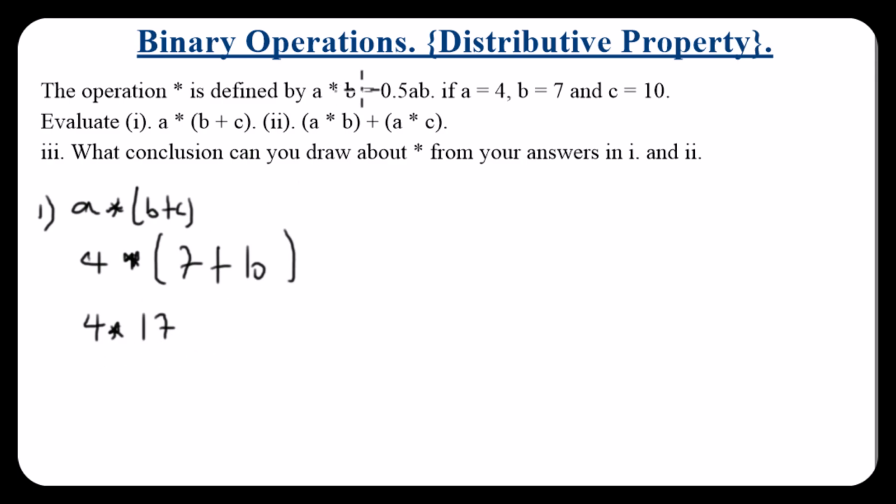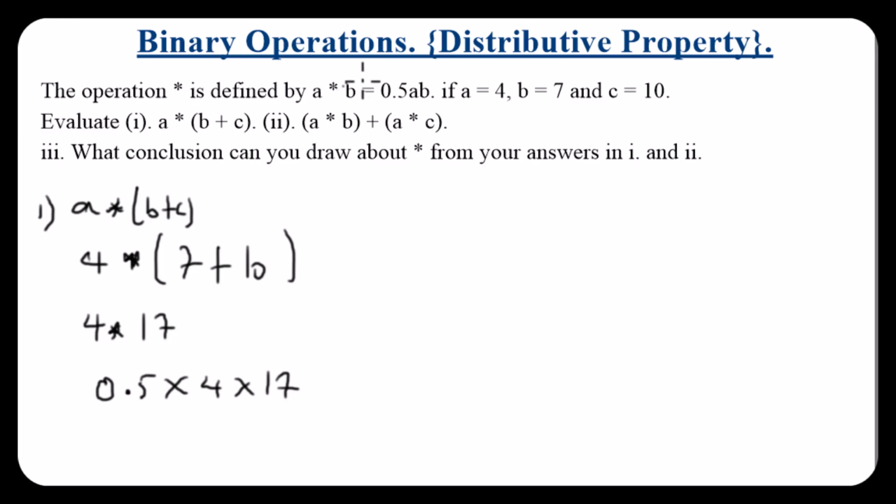This looks like A star B, so you want to avoid errors in that regard. A is 4, B is 17. So let me just write 0.5 times 4 times 17.